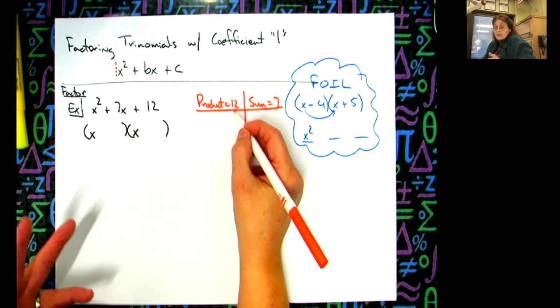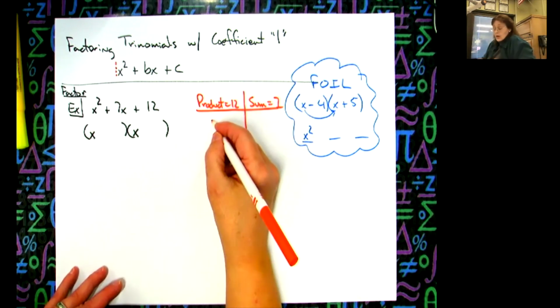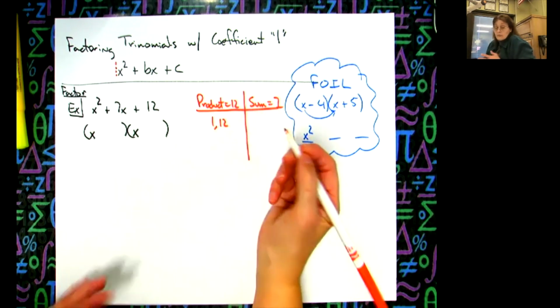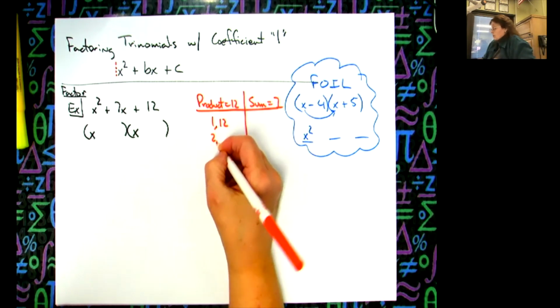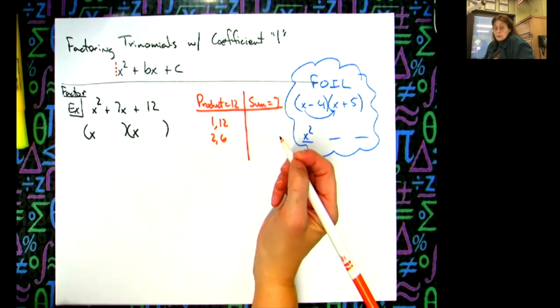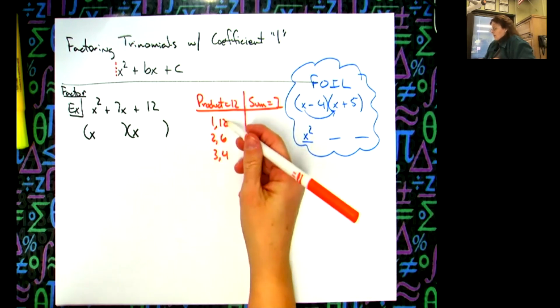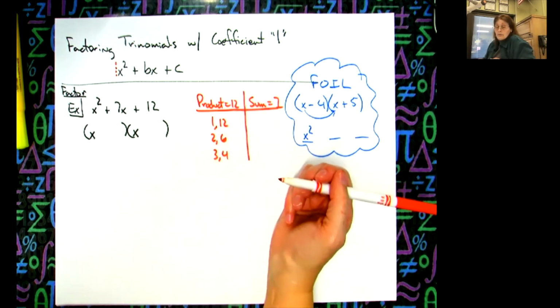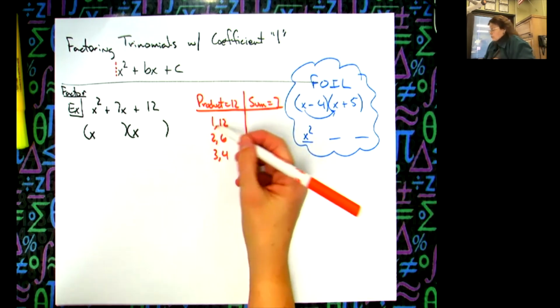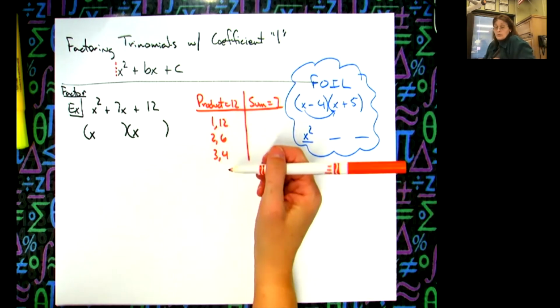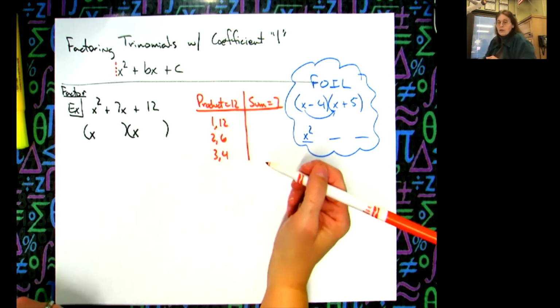So 1 times 12 is 12, 2 times 6 is 12, and 3 times 4. If I list every one of my factors of 12, two things that multiply together to equal 12, then I'm going to find the right answer here.